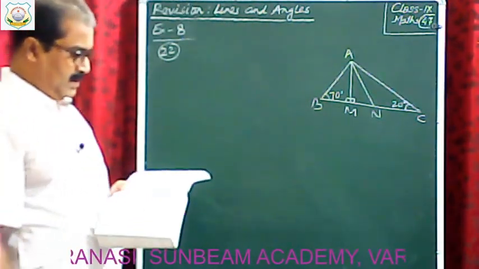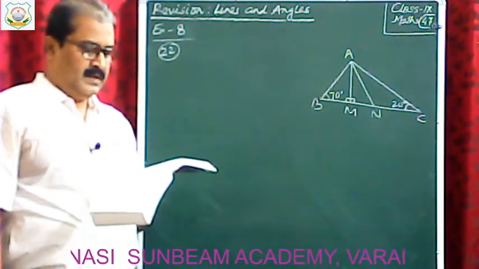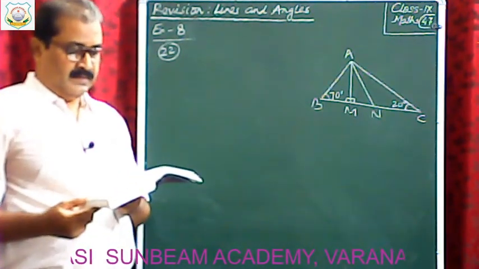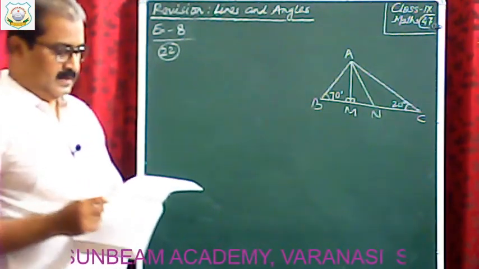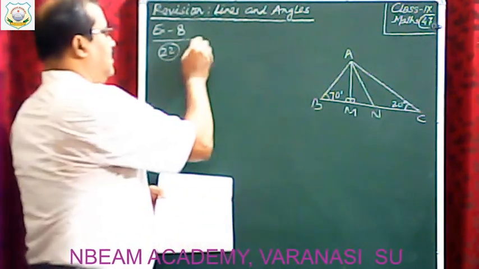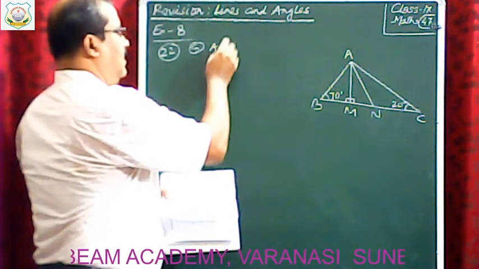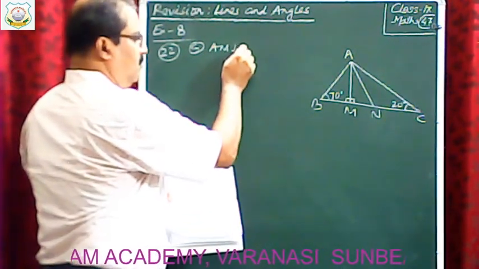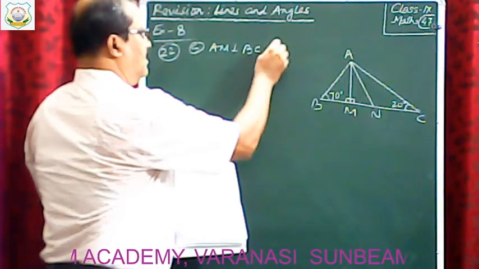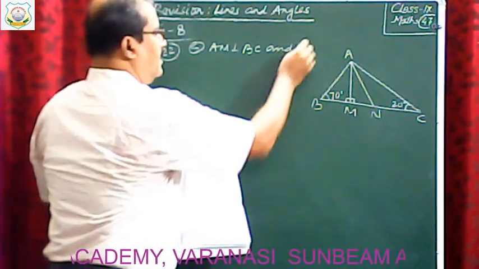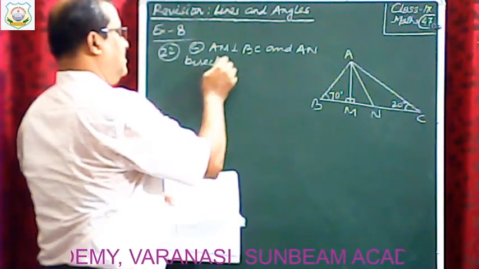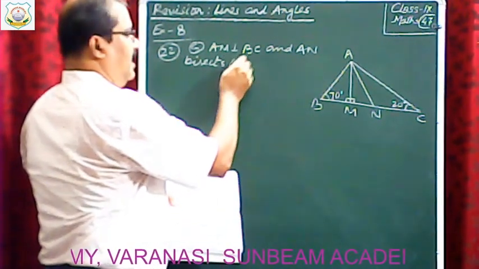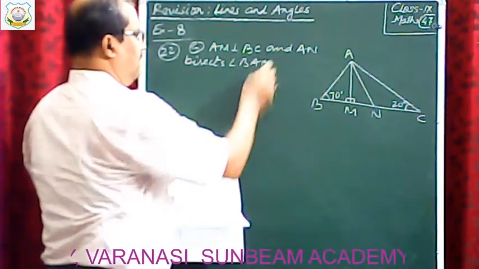Okay, given figure, AM perpendicular to BC and AN is a bisector of angle A. Find angle MAN. In figure, given AM perpendicular to BC and AN bisects angle BAC.